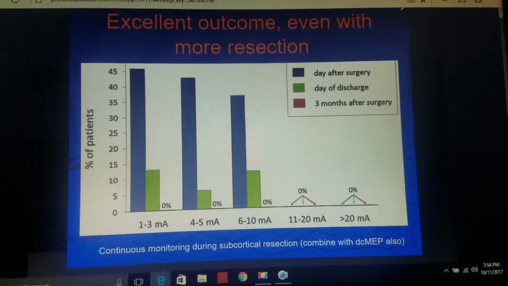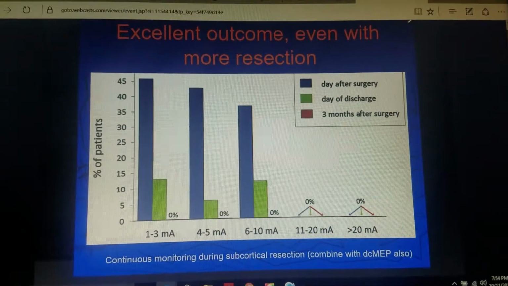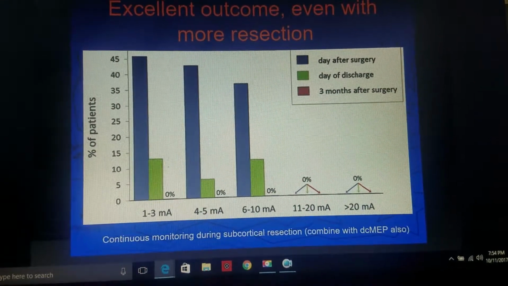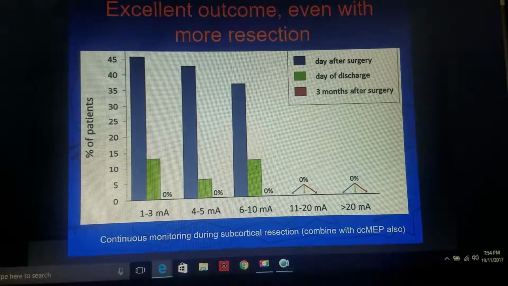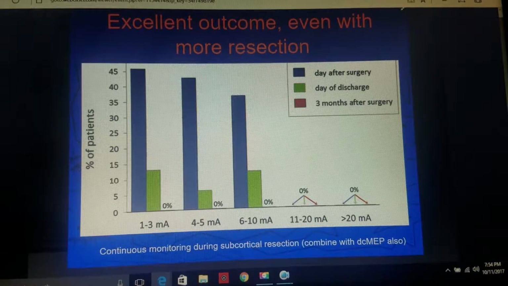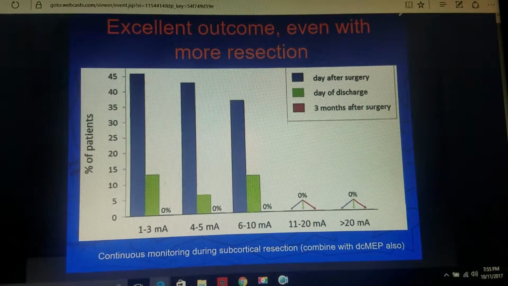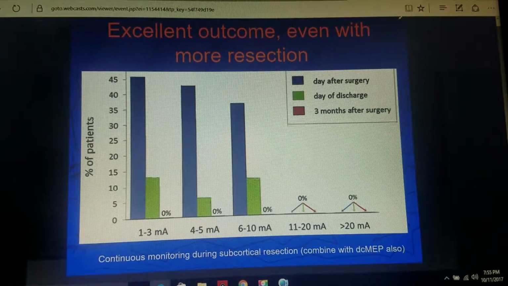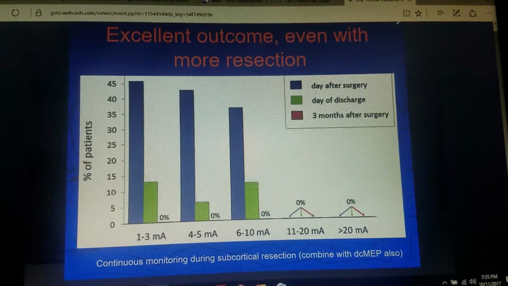The deficits were down in the 10 to 15% range the day of discharge, typically 4 or 5 days after surgery these days, and at 3 months after surgery, 0. No new deficits, even though they had gone as close to the corticospinal tract as 1 millimeter, the 1 milliamp threshold. So maximum tumor resection with excellent outcomes because you now know exactly where the tumor is.